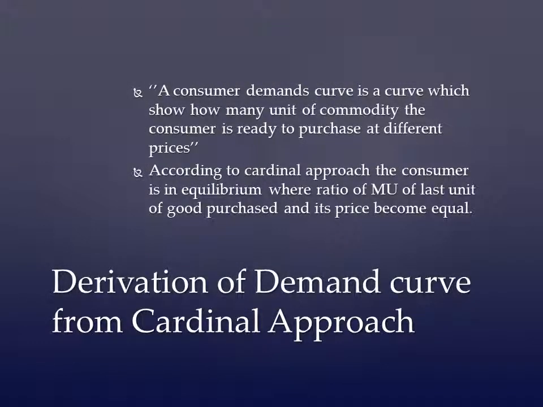Now, derivation of the demand curve from Cardinal Approach. A consumer demand curve is a curve which shows how many units of a commodity the consumer is ready to purchase at different prices. According to Cardinal Approach, the consumer is in equilibrium where the ratio of marginal utility of the last unit of the good purchased and its price become equal.